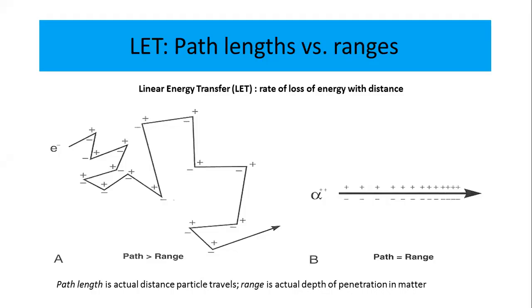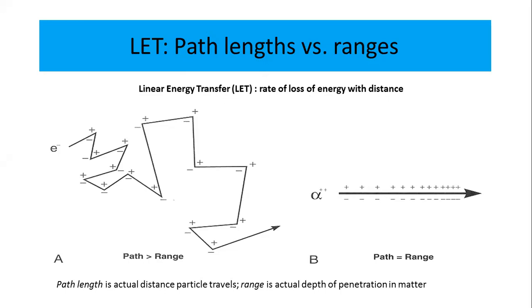In this video, I am going to explain the linear energy transfer and the difference between the path length and the range, which is going to affect the linear energy transfer. Simply, linear energy transfer is the rate of loss of energy with distance. In the previous videos, you have learned the loss of the alpha, positron, negatron, electron capture, and the gamma rays.